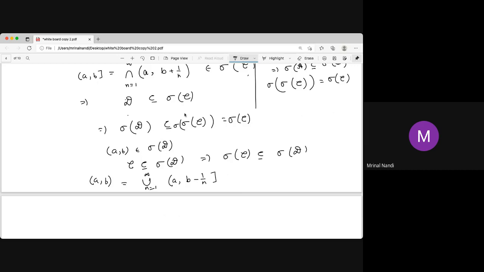So that's why, if you start with all the open intervals, or half open, half closed, or maybe left open, left closed, right open, or maybe both closed, then also we'll ultimately reach the same sigma algebra, and this sigma algebra is known as this sigma algebra. The set of all such sets is known as the Borel sigma algebra.